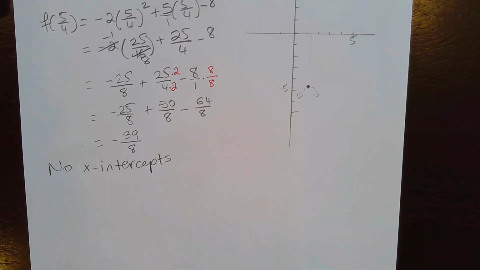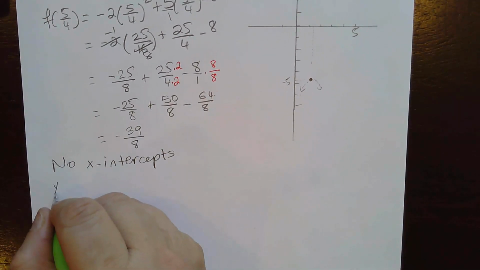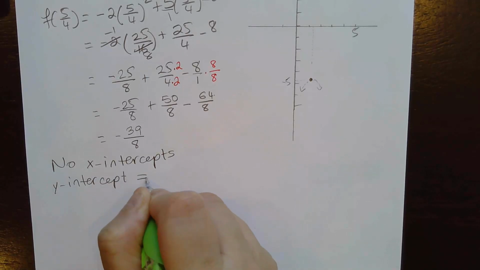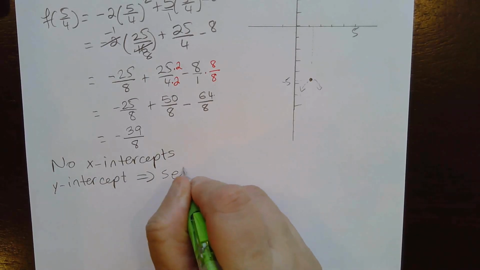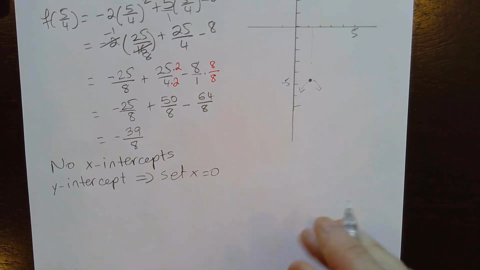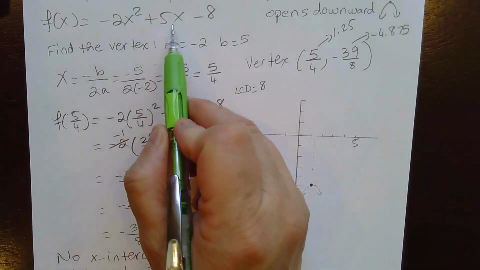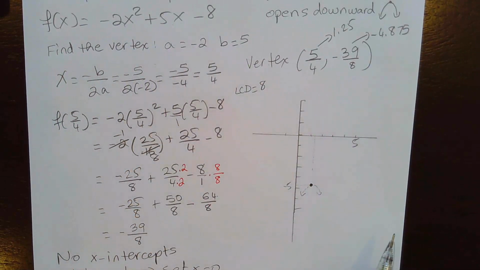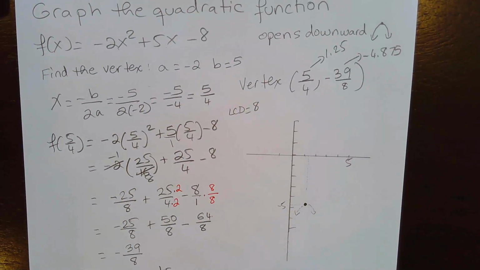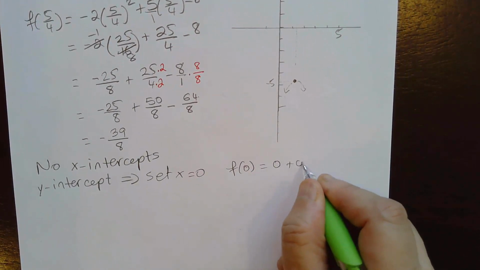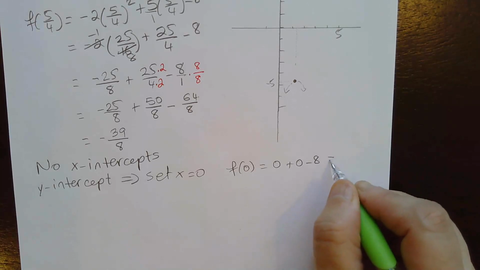So now let's go ahead and find the y-intercept. To find the y-intercept, we need to set x equal to 0. So we need to find f of 0. This is going to be 0, 0, negative 8. Okay? So f of 0 is 0 plus 0 minus 8, which is negative 8.